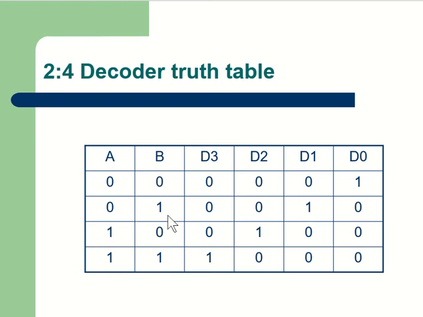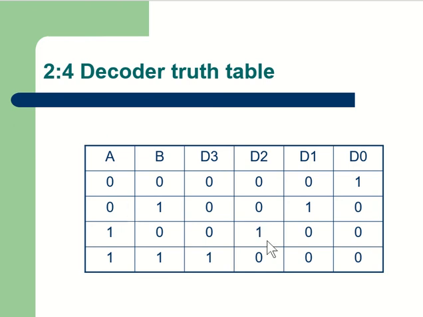So this is high for the second case. Similarly, for D2, third case here, when A is 1, B is 0, the output is high. So A dot B bar. And similarly, the expression for D3 can be written as A dot B, because both the inputs are high.